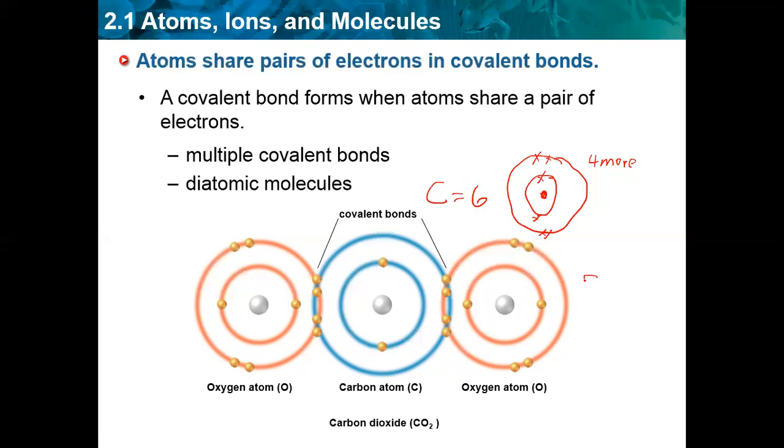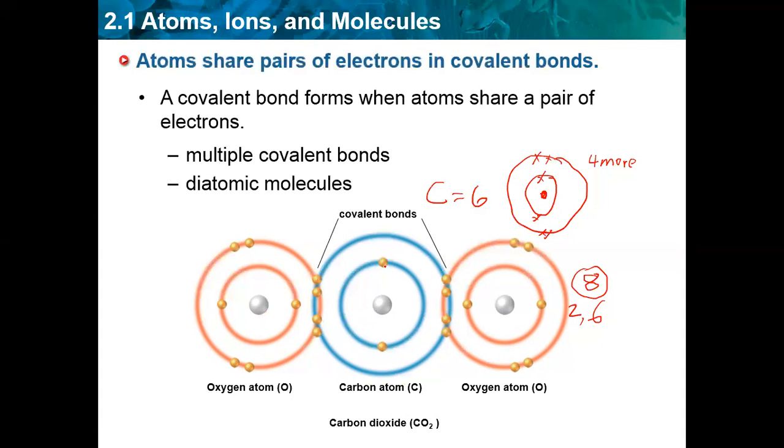That is to say, it has 2 in the innermost shell, and it has 6 in the outermost shell. That is to say, it needs 2 more to have 8 electrons in the outermost shell. So due to this reason, it's going to be very easy for it to combine with another atom that also has 2 in the outermost shell.